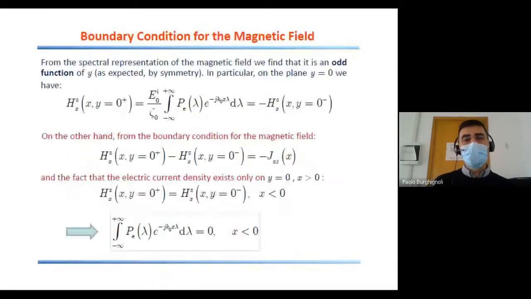Another integral equation, and we can find it from the boundary condition for the magnetic field.